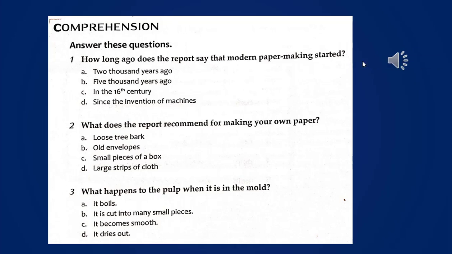Unit 9. Making paper by hand. How to do it. Making paper by hand. This is the VOA Special English Development Report. The earliest process of making paper was done almost 5,000 years ago in Egypt and the Nile Valley. In those days, paper was made from strips of the papyrus plant.